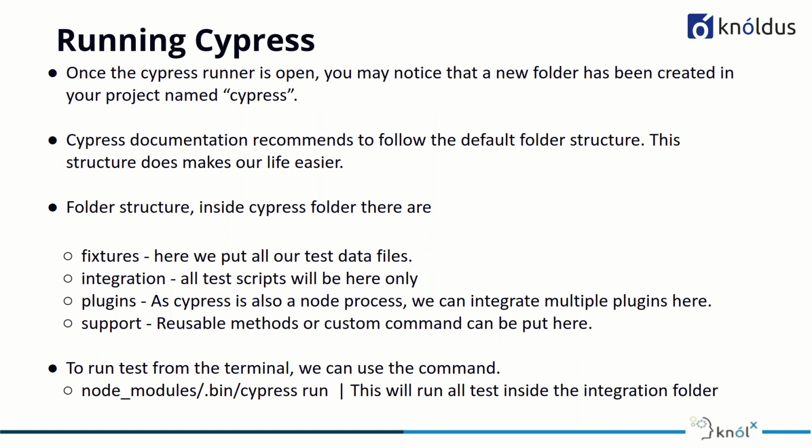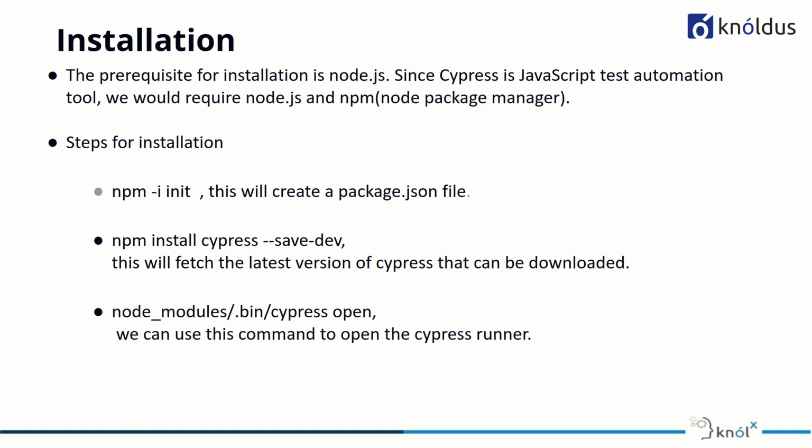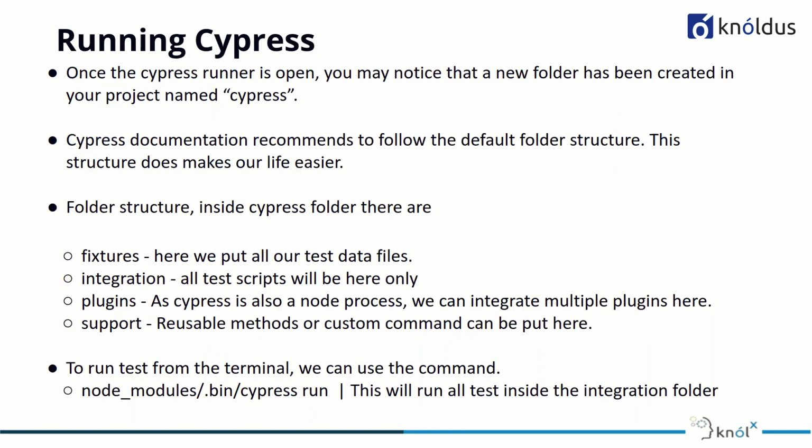Then coming to the part where we need to run Cypress. Once you have the Cypress runner open by the third command specified in this slide, you will see some changes to your project with respect to your folder structure. You will see a number of folders getting created under the parent folder of Cypress. The folders are fixtures, integration, plugins, and support.